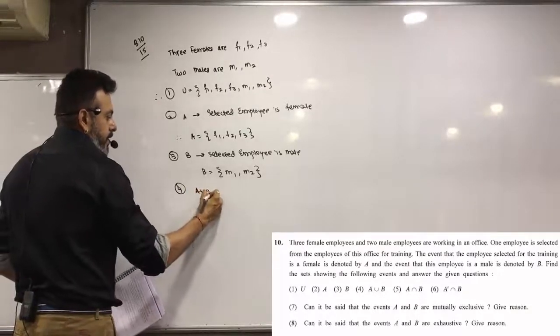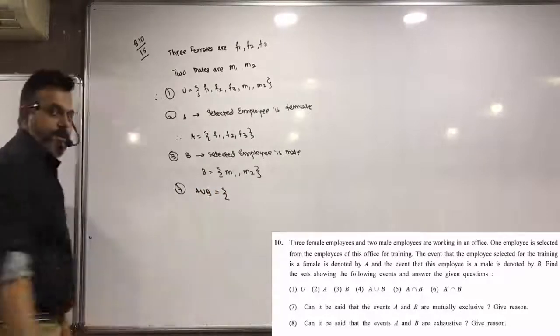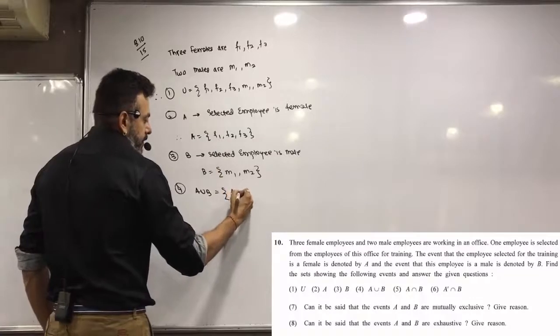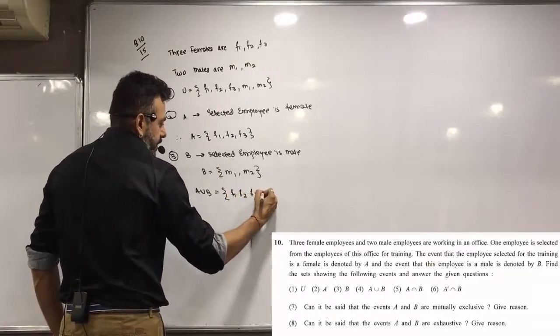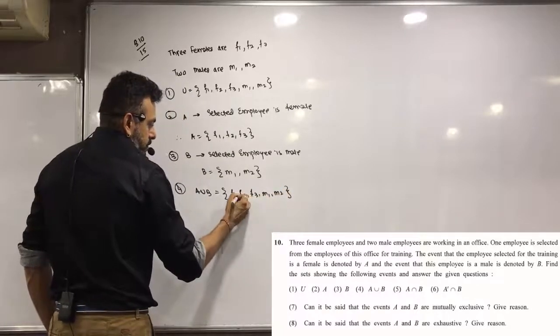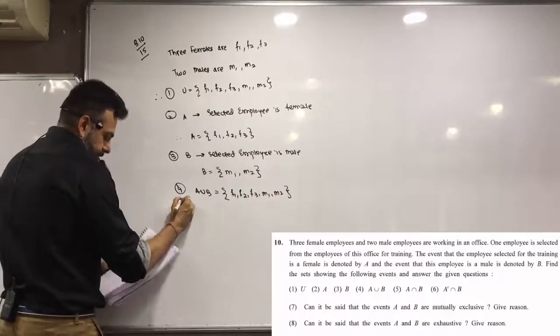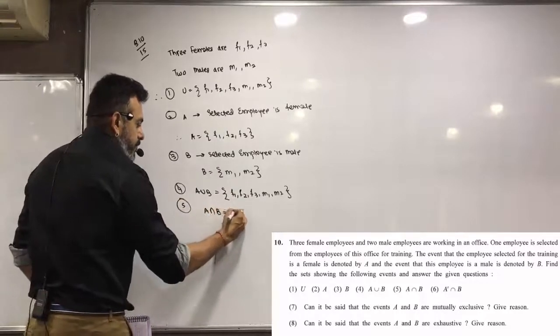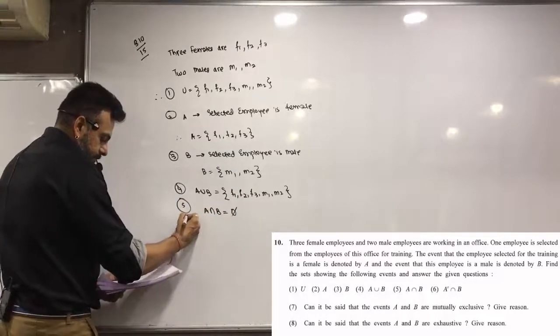A union B. Can I say exhaustive events? Okay, A union B is F1, F2, F3, M1, M2. Fifth, A intersection B, null, mutually exclusive.